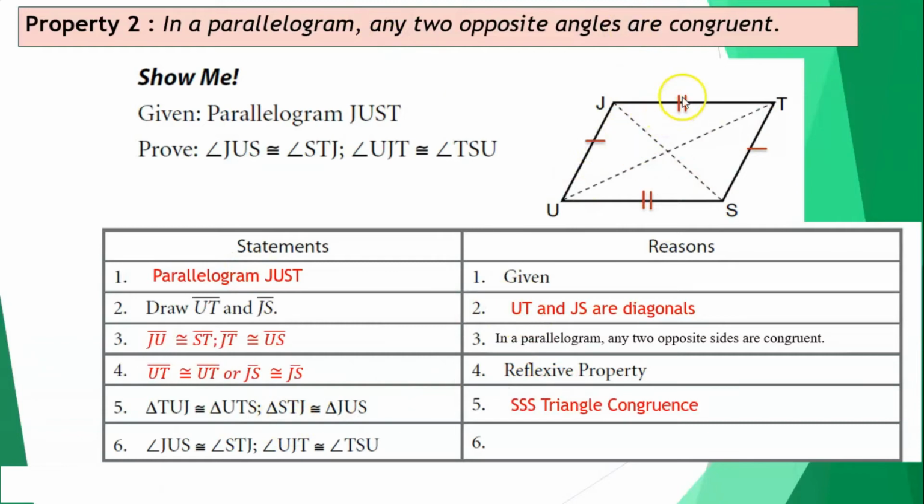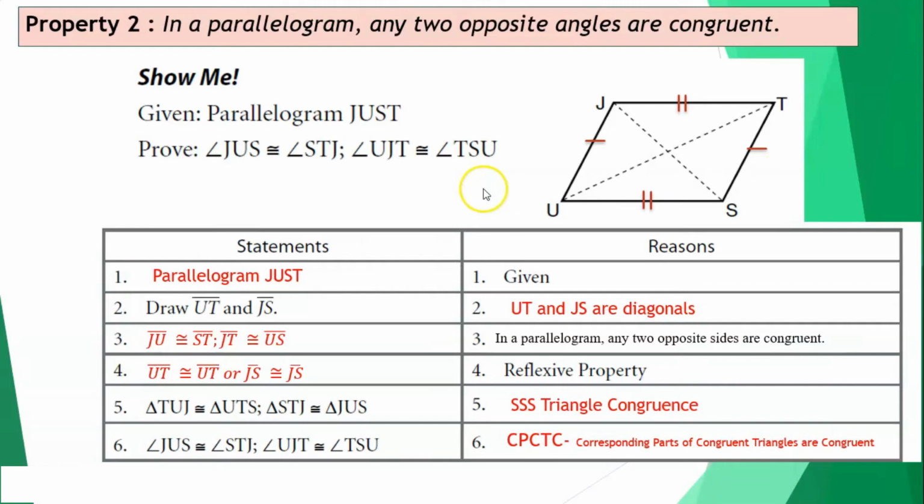So you have a side, and a side. If the three sides of one triangle are congruent to the three sides of another triangle, it would follow that the two triangles are congruent. So with that, these angles here, angle U congruent to T, and angle J congruent to angle S by CPCTC. Corresponding parts of congruent triangles are congruent.